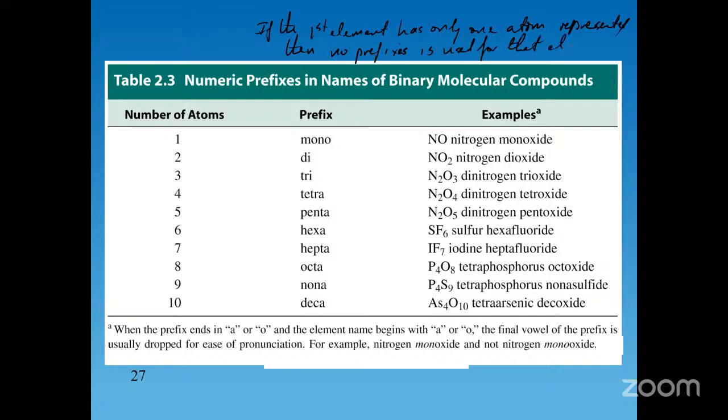So that is the first exception to the use of prefixes when it comes to naming binary molecular compounds. If the first element has only one atom represented, then you do not use any prefixes for that element.